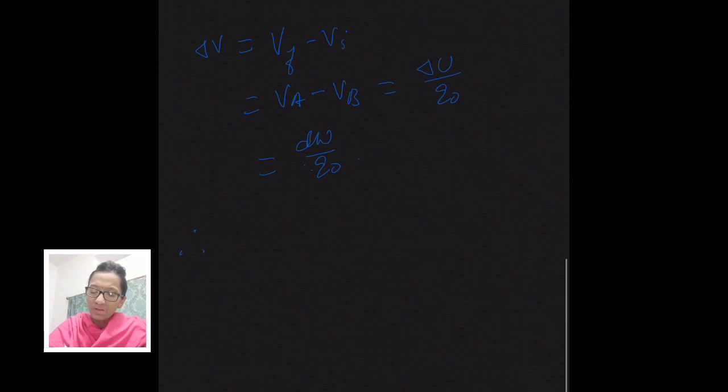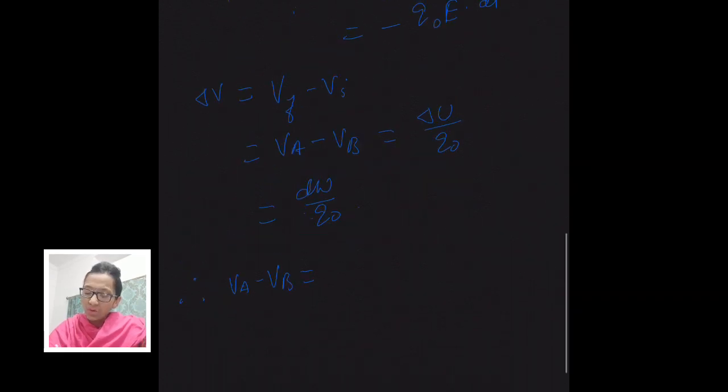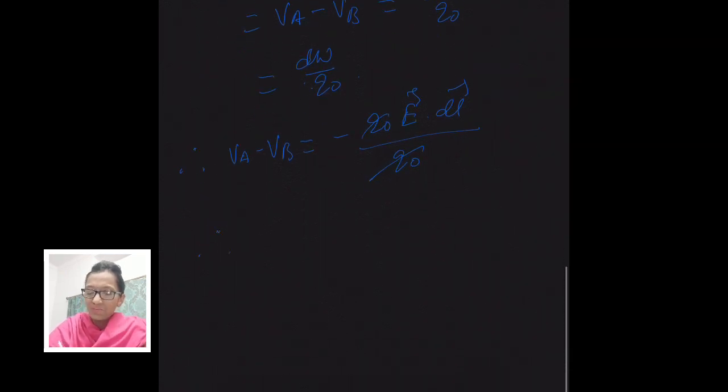Therefore VA minus VB comes equal to minus q naught E dot dl upon q naught. So the change in potential dV is E dot dl. This is your change in potential.